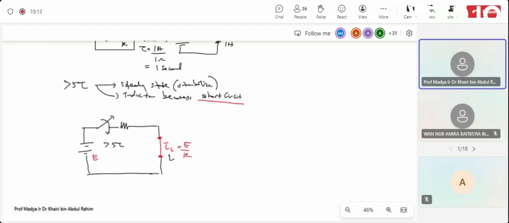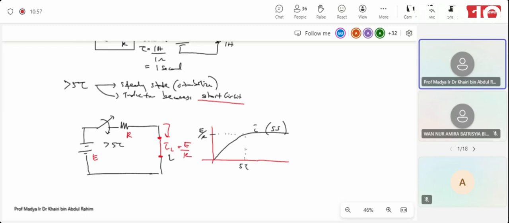So this is E, this is R. So it makes sense because it's just a short circuit, and what you will have is I here equals E over R. In terms of graph, what you will find is, okay, so this is E over R equals I. So at steady state, okay, this is 5 tau.